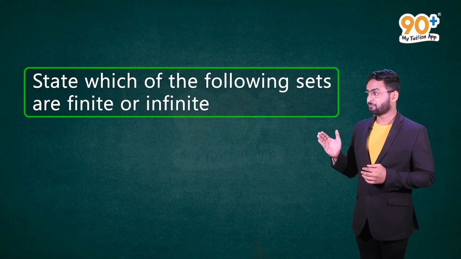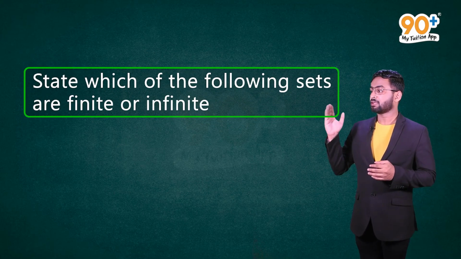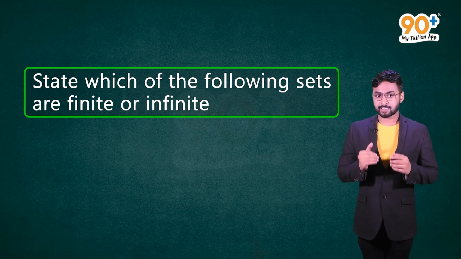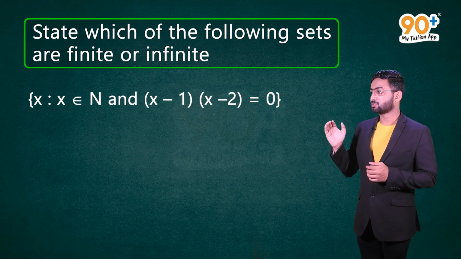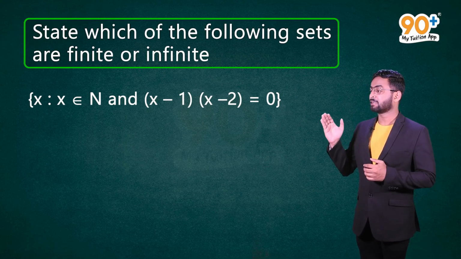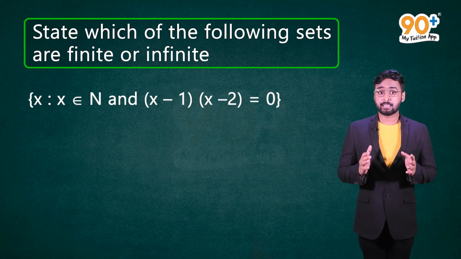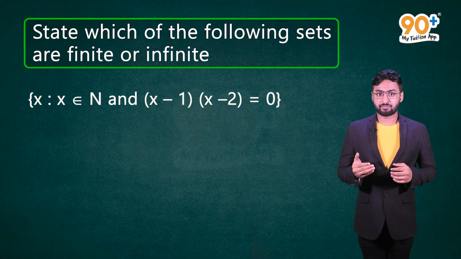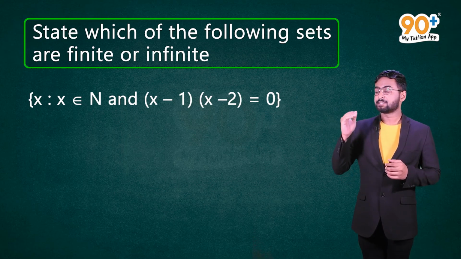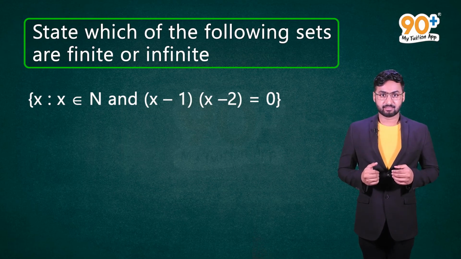State which of the following sets are finite or infinite. The first set is the set of all x such that x belongs to N and (x minus 1)(x minus 2) is equal to 0. Here, the set is given in set builder form and we have to find out if the given set is finite or infinite.